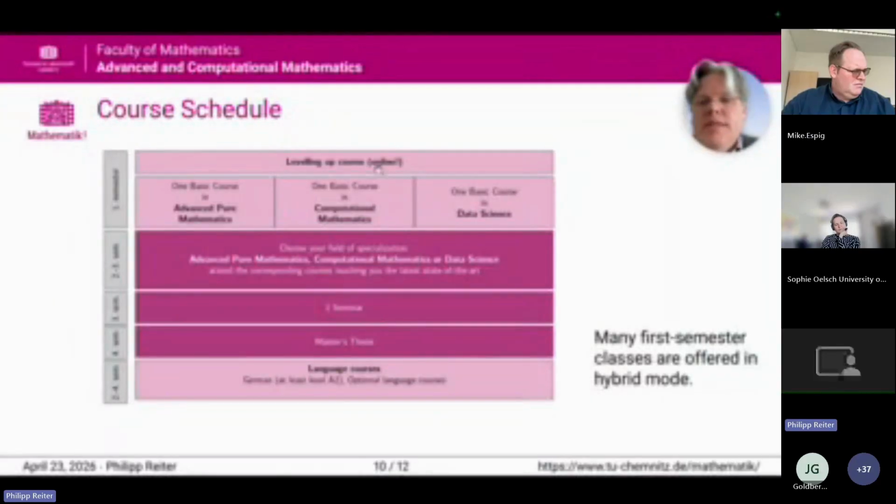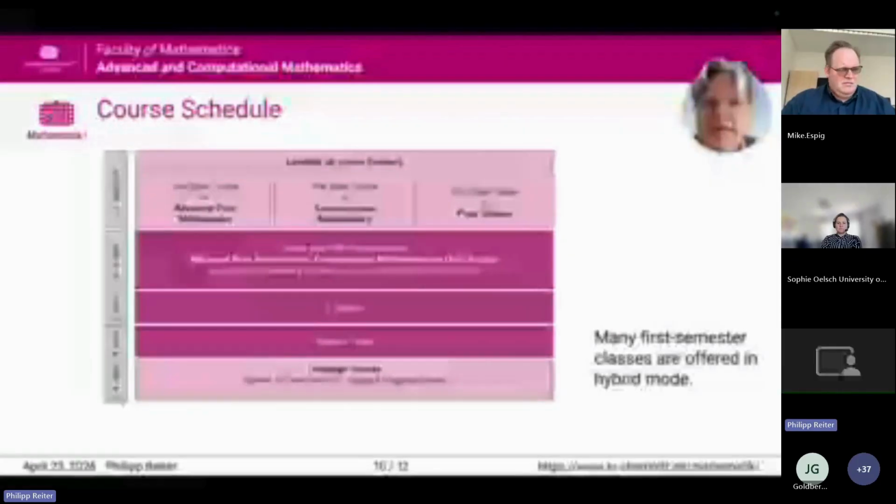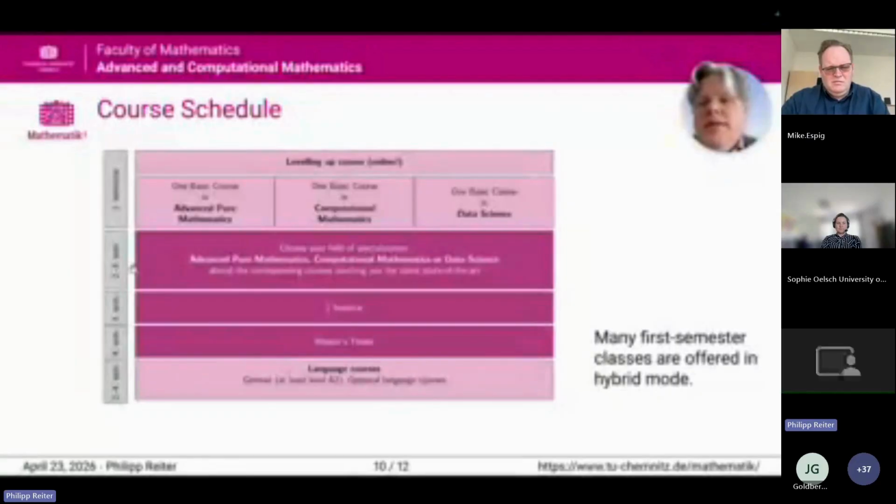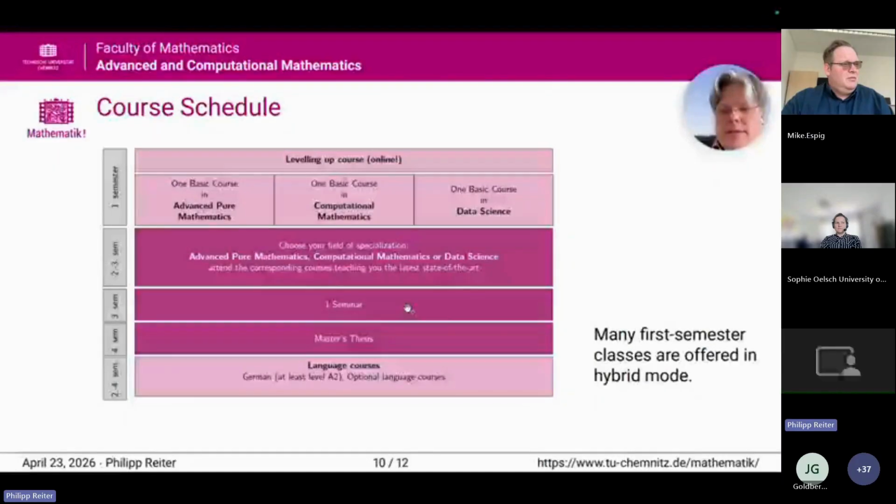Here we have a short overview. Again, in the 1st semester, you have this online class and 3 basic classes. In the next 2 semesters, you can really specialize. You may attend a seminar in the 3rd semester, and then language classes, as pointed out before.